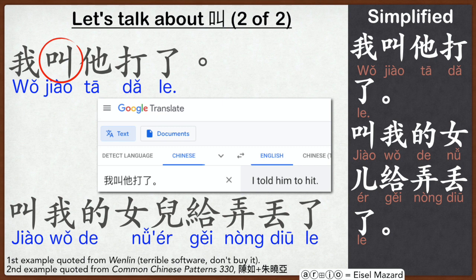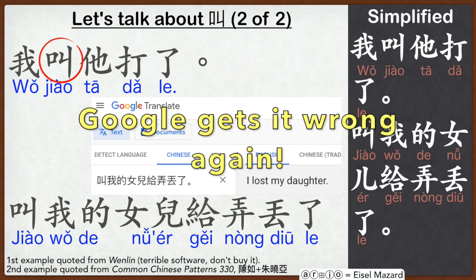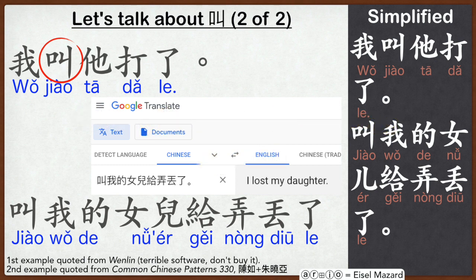And then the very bottom of the screen, jiao 我的女儿, okay? By my daughter, 给弄丢了. By my daughter, it was lost. What is the function of jiao in this sentence? You can think of it as a passive voice. You can make up another explanation in your own mind. But if you're not aware of this, I'm not saying you can memorize everything.